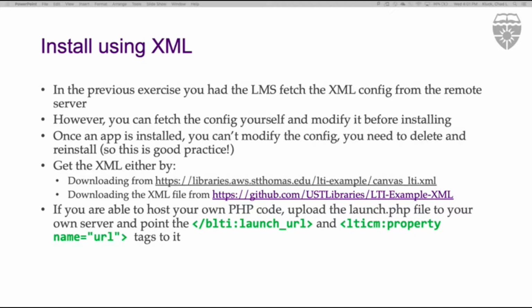I downloaded it using that URL that I showed you just previously. You can actually go to that URL that I showed you how to install that app, and you can see the XML. Copy paste it, modify it, and then use this to make your own customizations into what label you want to give the button and whether or not the course navigation is enabled and whatever else you want to do.